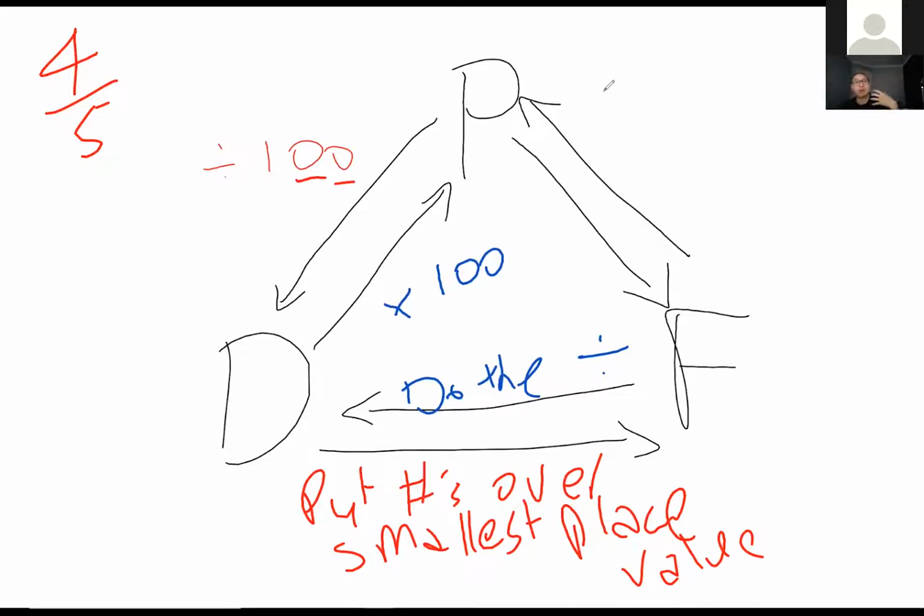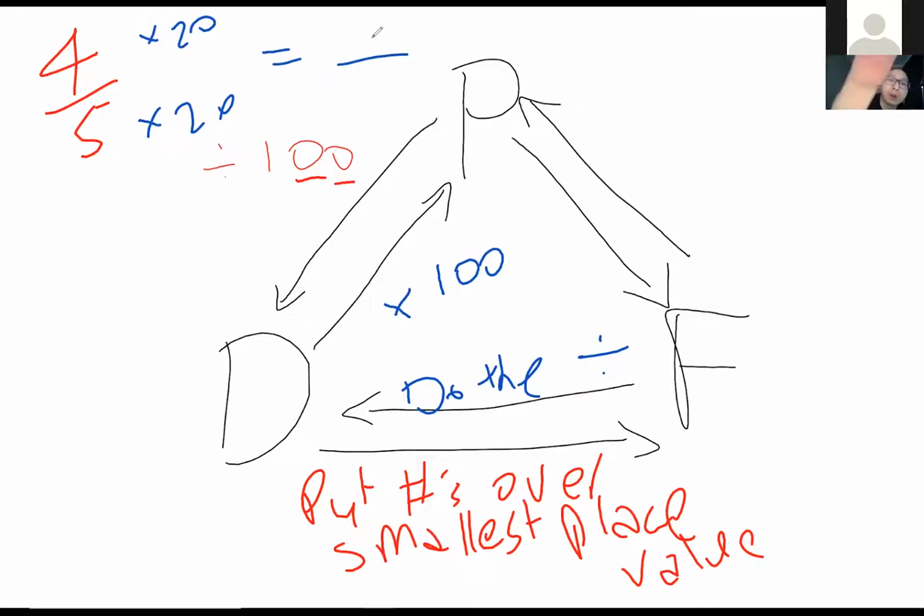So, for example, 5 I can multiply to 100 by multiplying 5 by 20. And remember, to keep this equal, whatever I do to the bottom number, I've got to do to the top number.